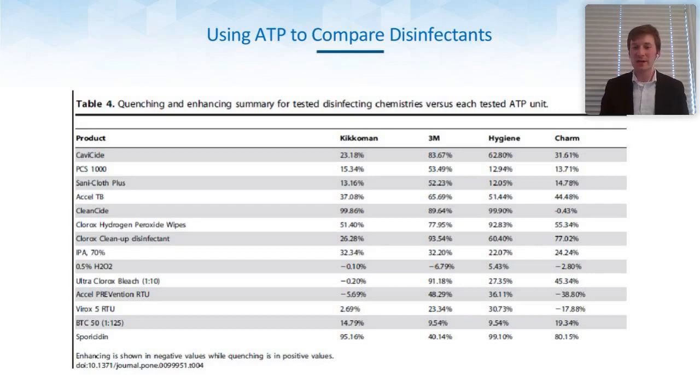And so whenever switching to a new disinfectant or implementing a new disinfectant in your facility, we always recommend working with the meter manufacturer and your disinfectant manufacturer to set a baseline for your facility. So to set pass-fail values that actually make sense based on the chemistry that you're using so that you don't get any misleading results.